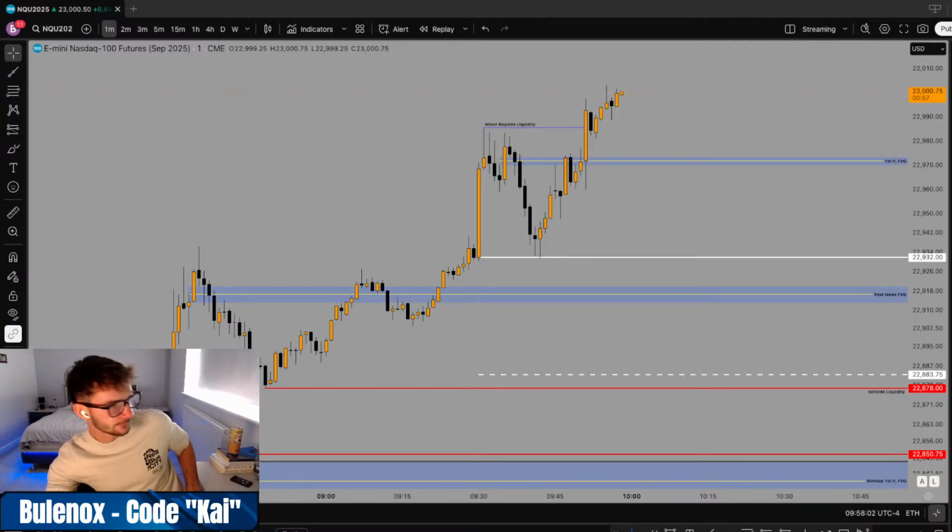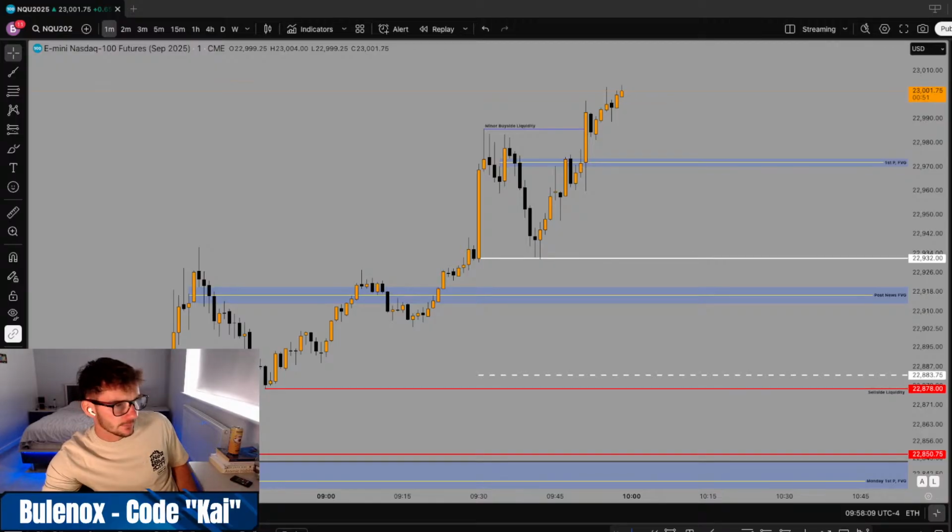Just for full transparency, that trade was five TopStep X funded accounts, 5 XFAs, with a $60 loss per account, so $300 total.